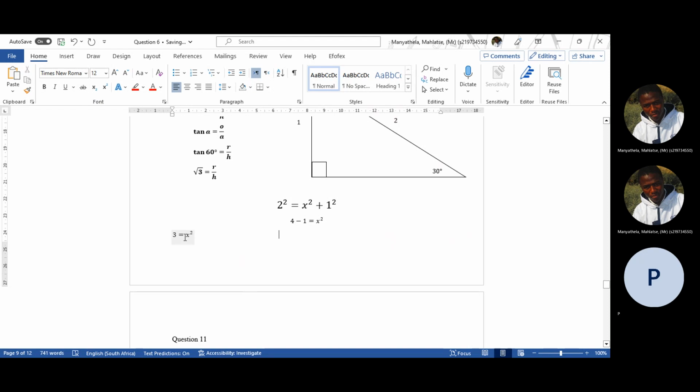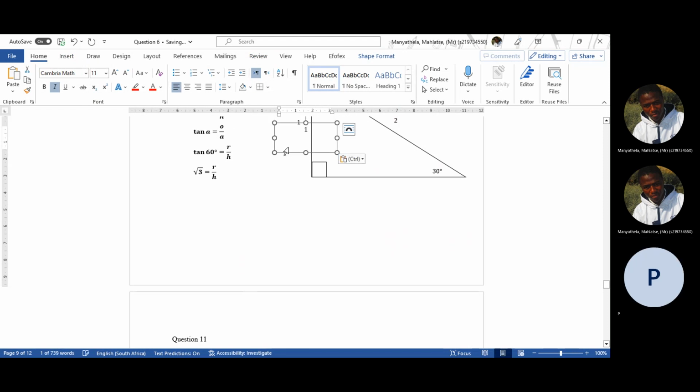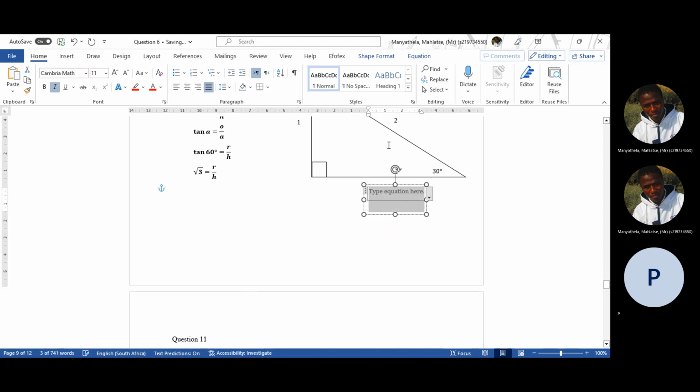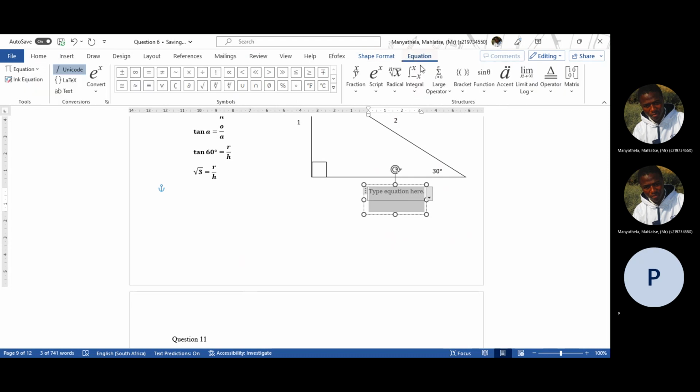We'll be left with x, and on this side we'll be left with the root of 3. So the missing side is root 3.